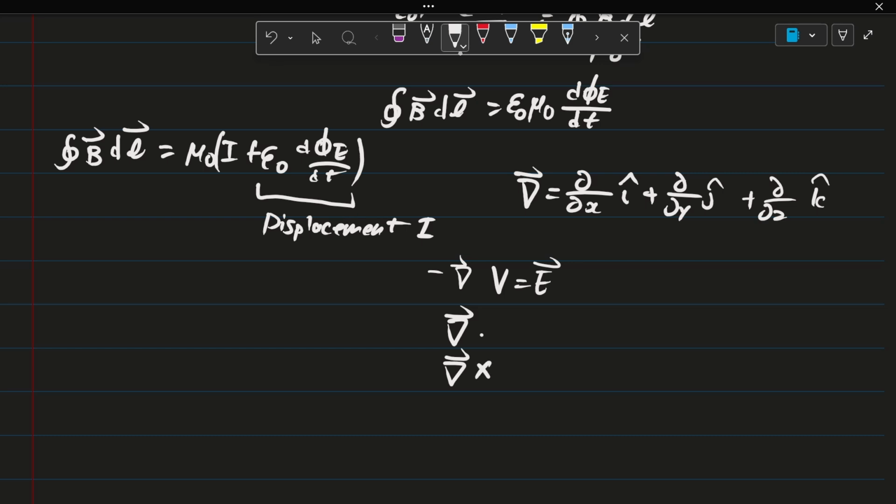The first one is by taking the dot product, and taking this dot product will result in what you call the divergence of the E vector. And for the curl, with the cross product, what you will get is the curl of the E vector. Now, what is the exact relation between divergence, curl, and all of these looped integrals?